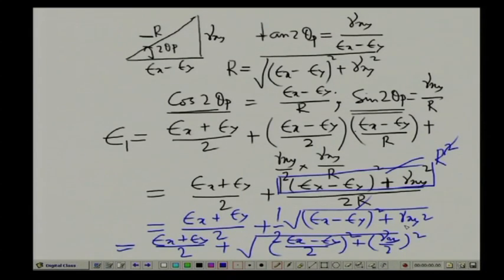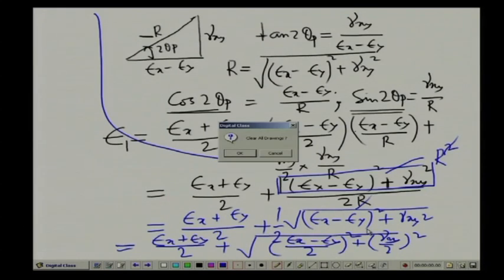So, this is the value of the maximum normal strain that is acting at that particular point.